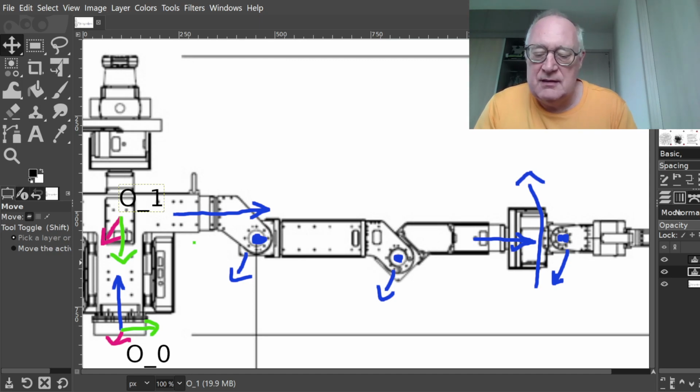So let's call that the left shoulder lateral joint, because it moves in the lateral plane.